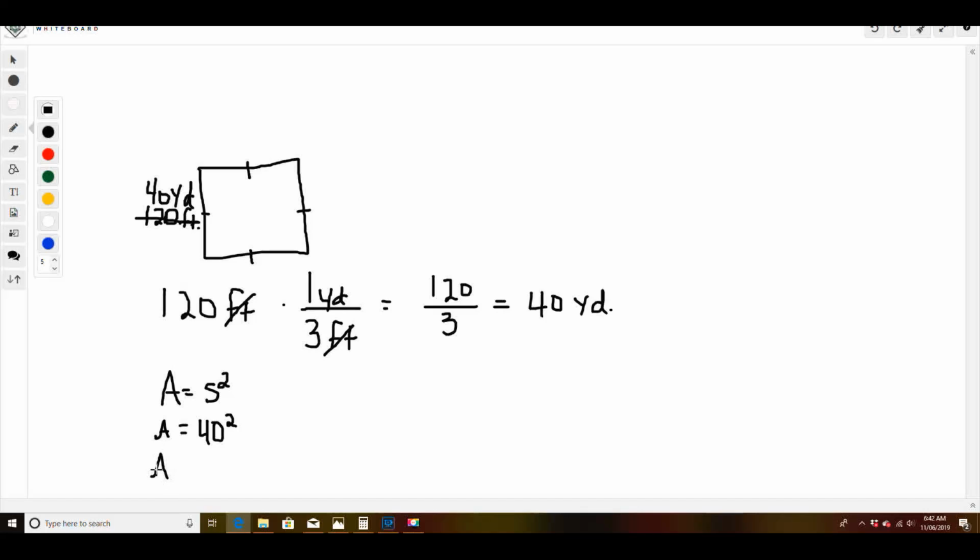The area is going to equal, you figure out what this would be and write your unit correctly. Go ahead and pause it while you figure that out. Okay, you got it? This should have been your answer, and it would be square yards. Well, that's supposed to be a 2, but this would be your final answer. I hope you got that right.